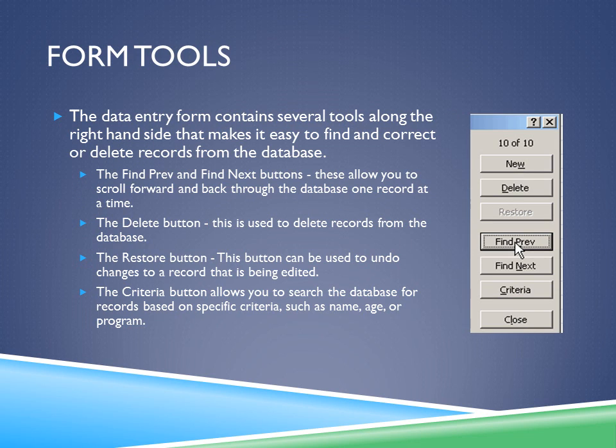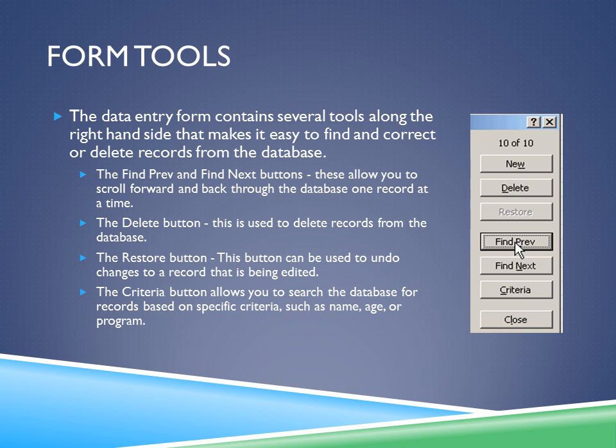Form tools. The data entry form contains several tools along the right-hand side that make it easy to find and correct or delete records from the database. One of the first tools is the Find Previous and Find Next buttons, and they allow you to scroll forward and back through the database one record at a time, which is useful for finding specific records in the database. The Delete button is used to delete records from the database.